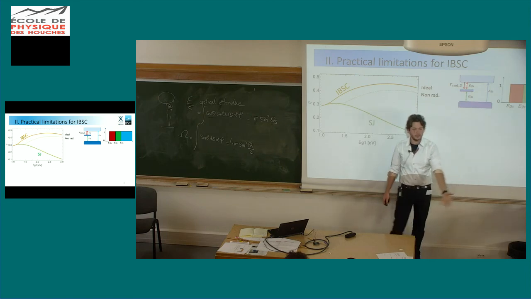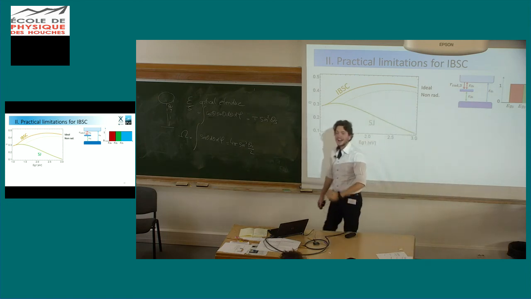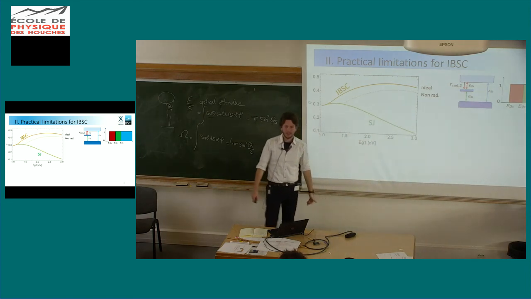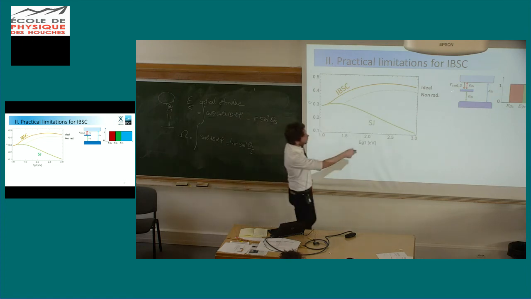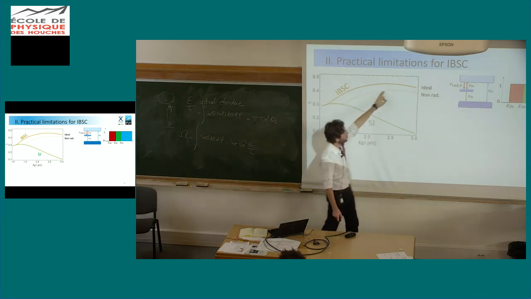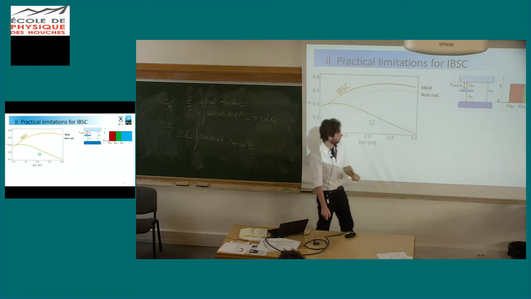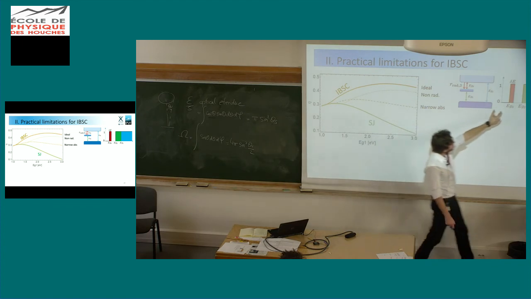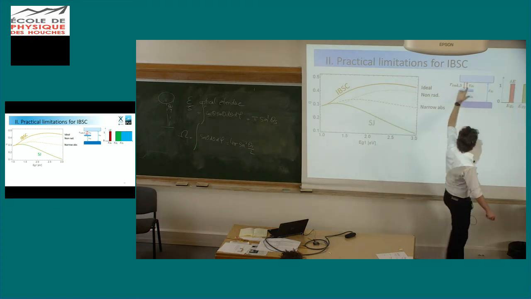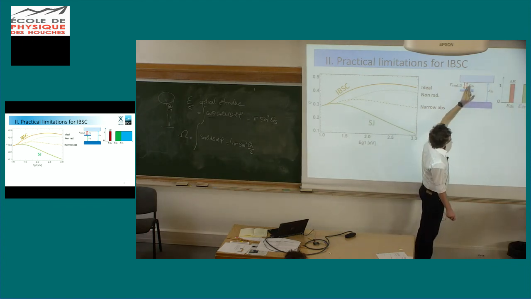I might have non-radiative recombination. Truth be told, I will have non-radiative recombination, and probably lots of it. If I include these things here, I'm decreasing the efficiency of the IBSC. I can also take into account the fact that this absorption here might not be super wide, because I'm making essentially intra-band transitions.